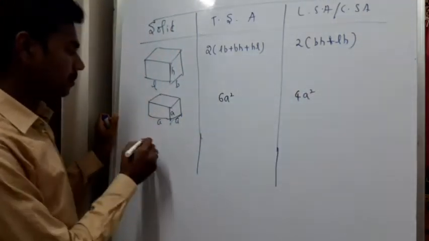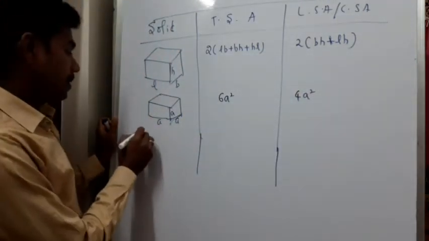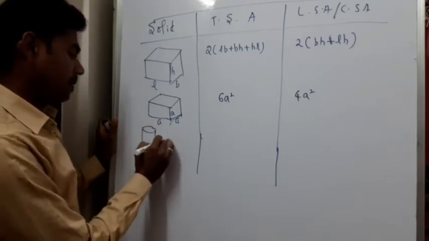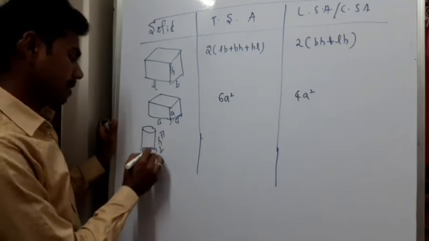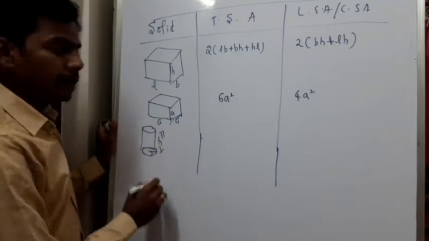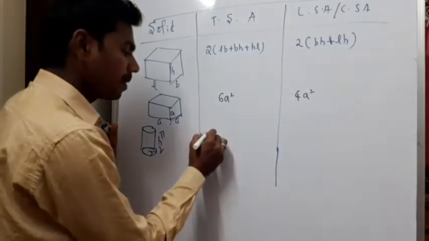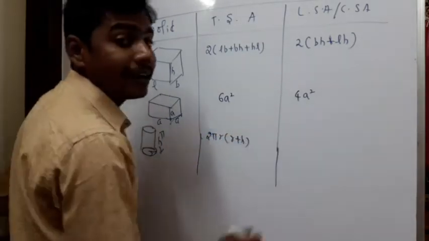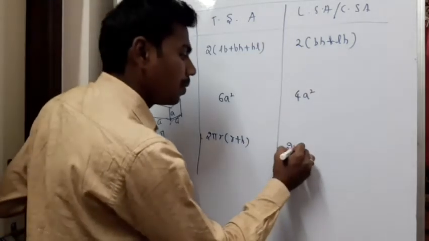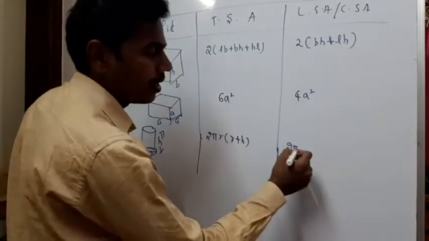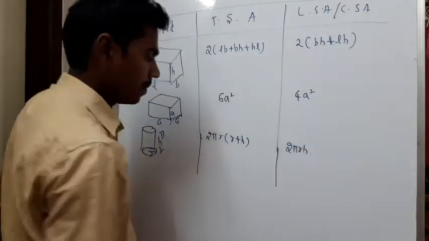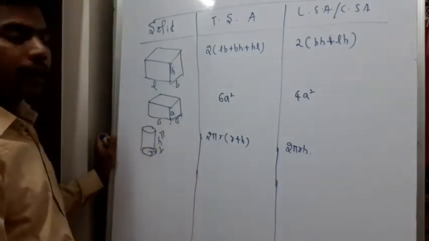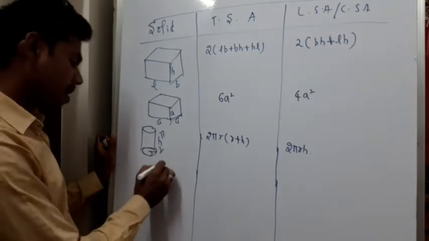Then after this, cylinder. If this is H and this is R, then what is the total surface area? 2 pi R into R plus H, and lateral surface area, that is curved surface area, is 2 pi R H. Next, after this, we went through cone, right circular cone.